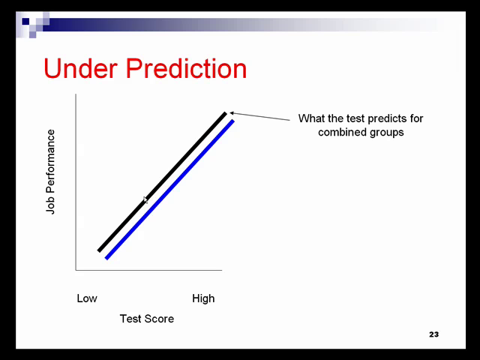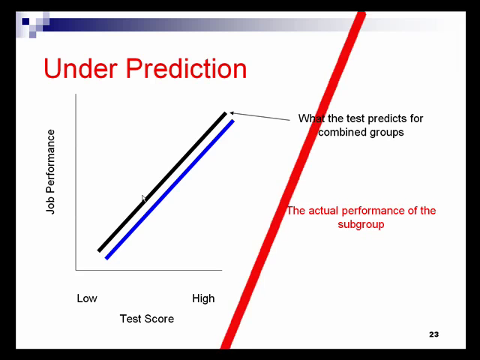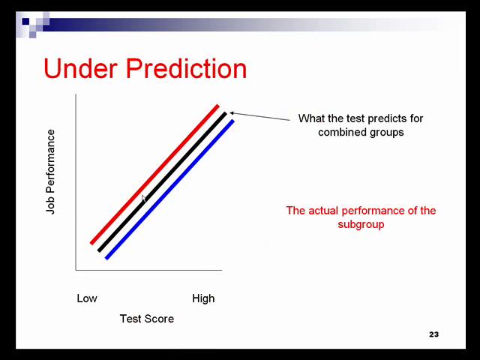So the black line again is what the test predicts for the combined groups, both men and women. Thus here we see underprediction for the women in red, because the black line representing both groups is below that of the red line for women. What this means in practical terms is that the test predicts that the women will do worse than they actually do.